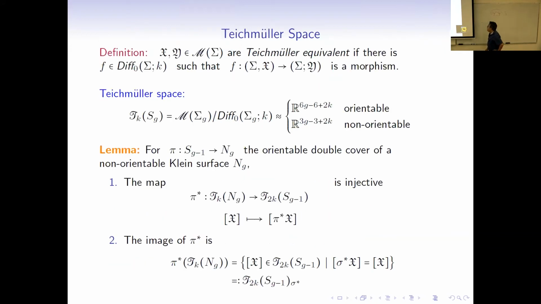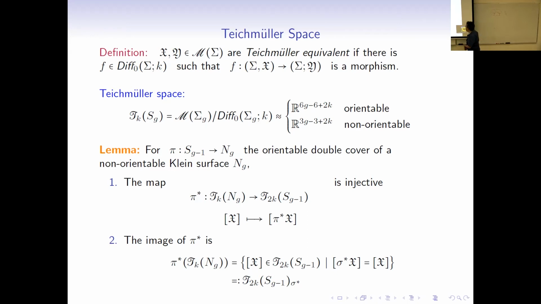All right. So now, if you have a Klein surface, you can construct the analog of the Teichmüller space.